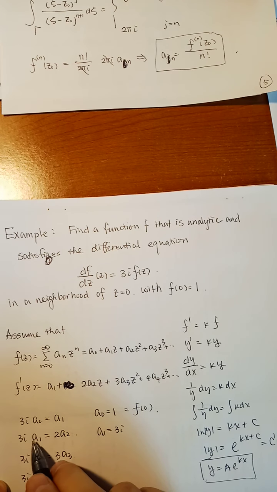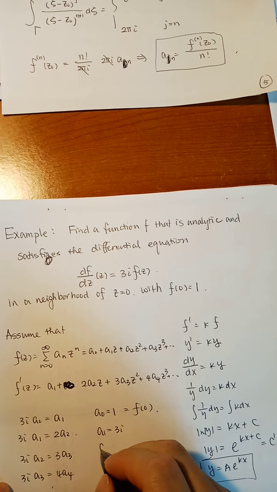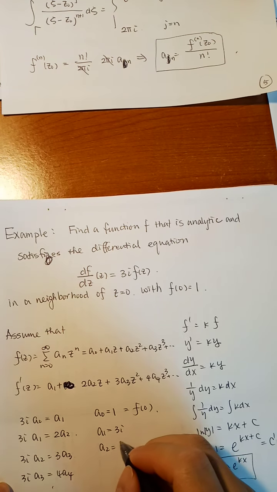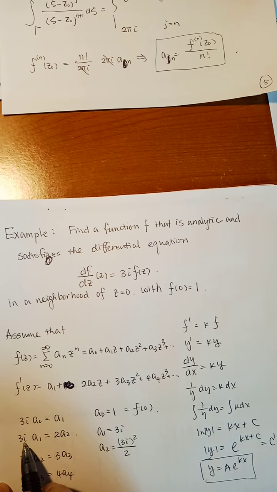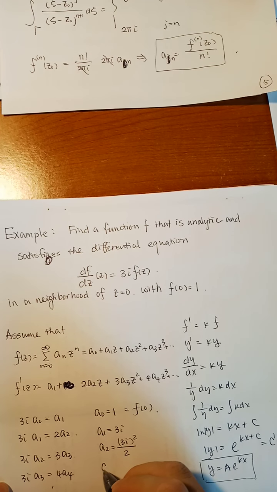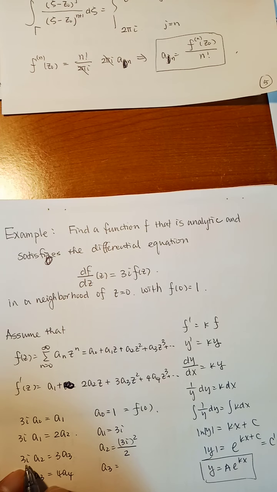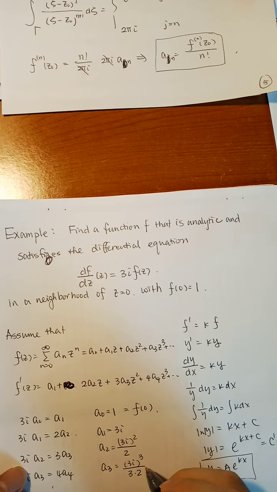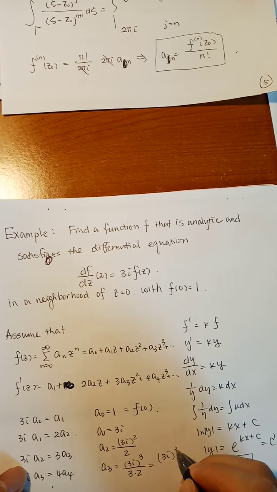Then a2 is 3i squared over 2. a3 is 3i cubed over 2 times 3, which is 3i cubed over 3 factorial.